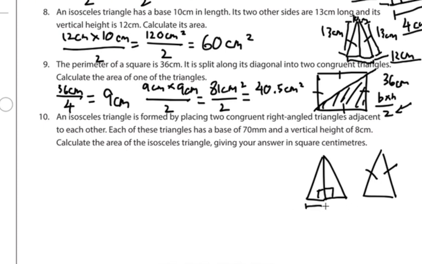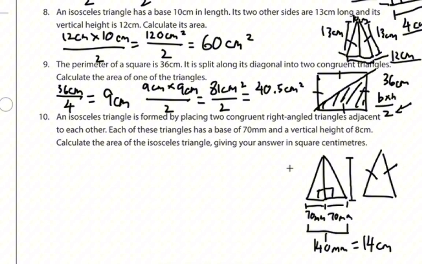So this would be 70 mm and this would be 70 mm as well. And if you add both of them together, they are 140 mm, which is also 14 cm. Now, they have already given a vertical height, which is 8 cm.